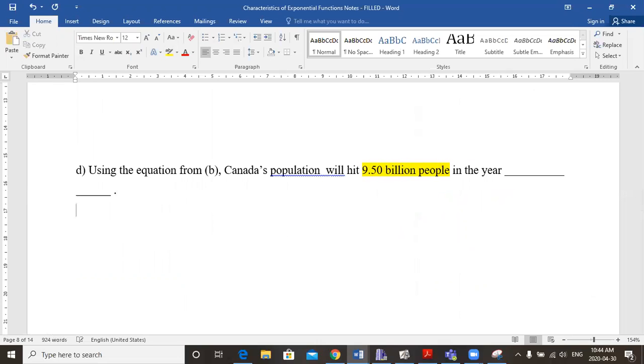So y equals 9.5 billion, which would be 9,500 million. So technically then our y would equal 9,500 in the model, okay? And x would equal question mark.